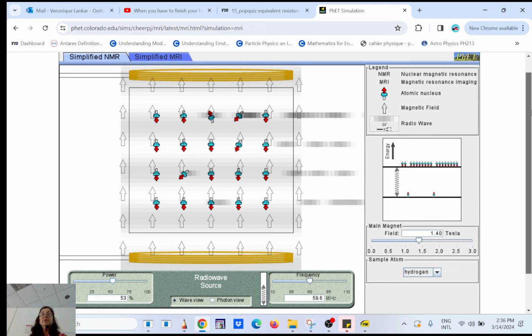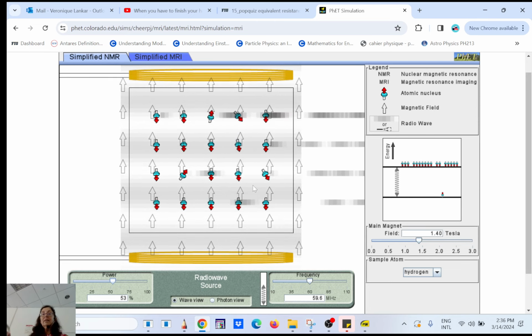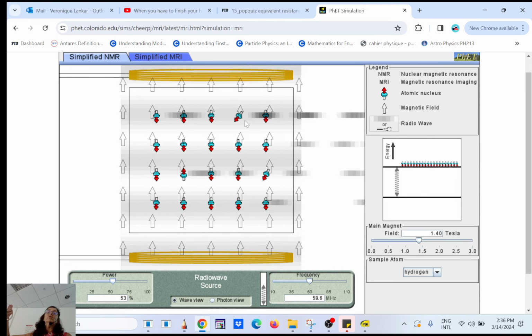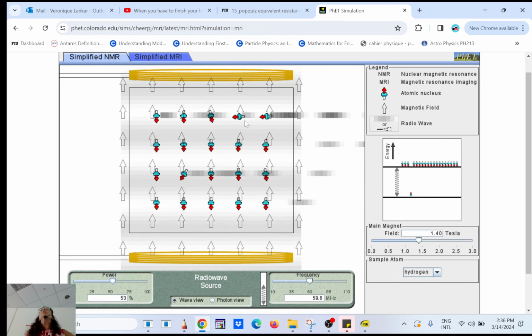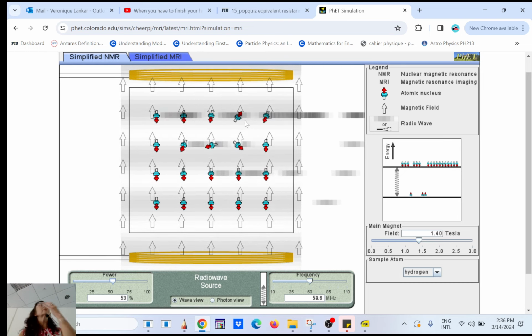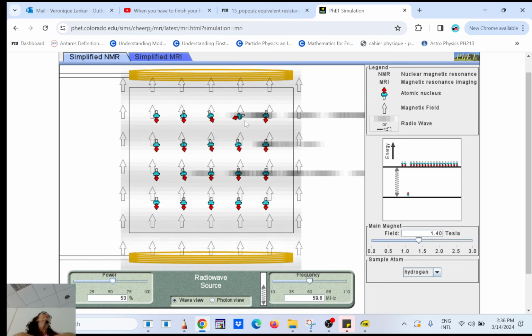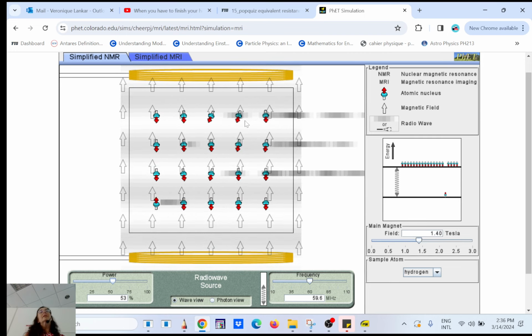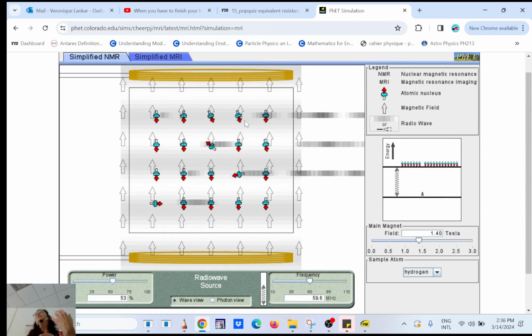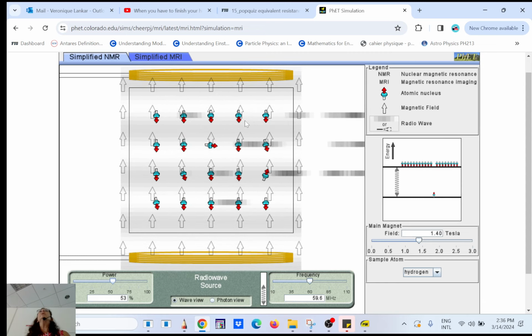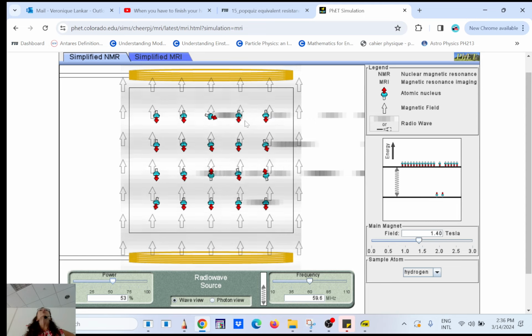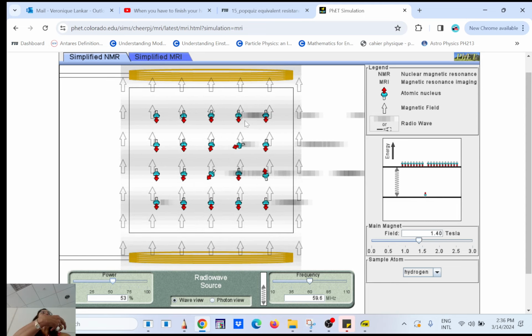So when they relax, they go to a lower level of energy, and they burp out radio waves. And those radio waves will highlight the inside of the human body. So when you are doing an MRI, you are using radio waves to highlight the inside.